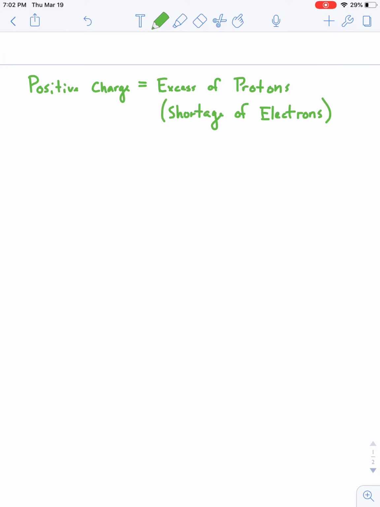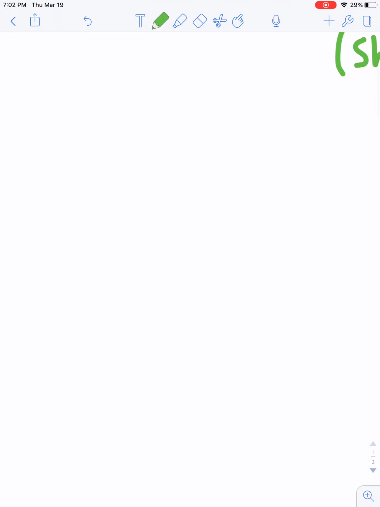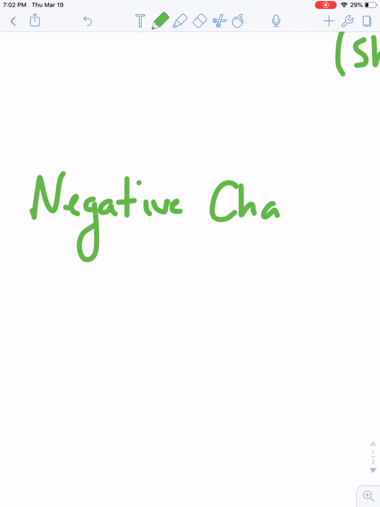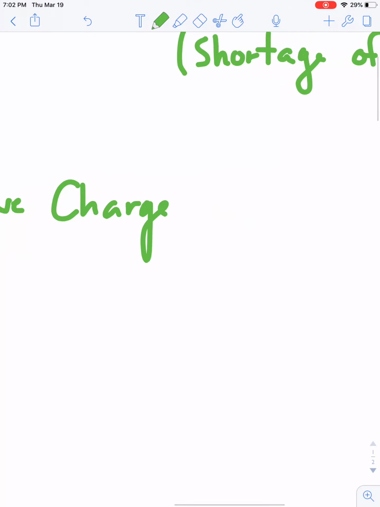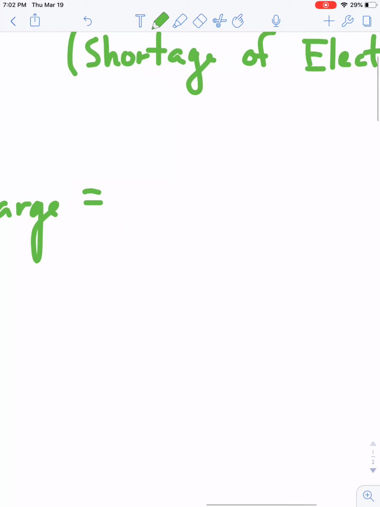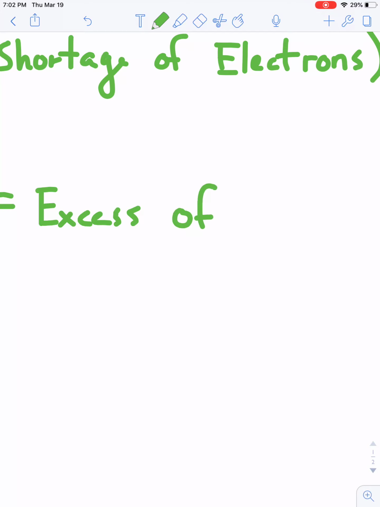Now, let's look at a negative charge. Negative charge will equal an excess of electrons.